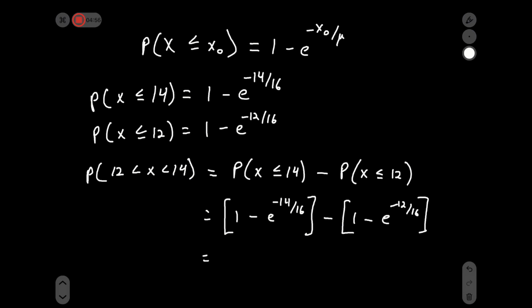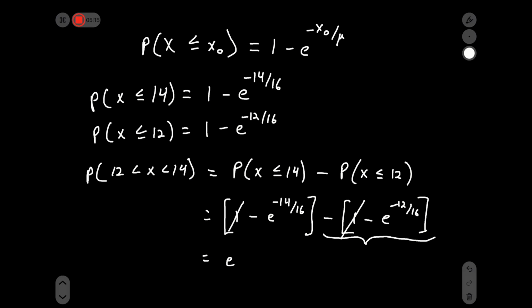So 1 minus 1 will cancel out, and subtracting this portion here yields a positive number. So this is e to the, and let me simplify this as well.